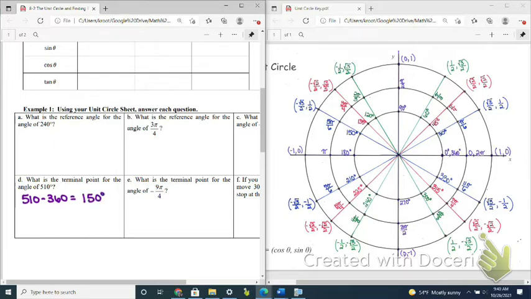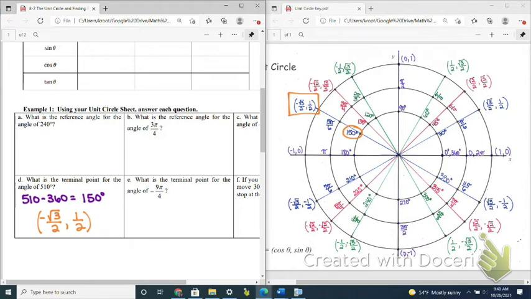So it is 150 degrees. So I'm going to come over here. Here's my 150 degrees. So here is my terminal point. And I am just going to write that coordinate down. So it is negative square root of 3 over 2, comma 1/2. When they ask for the terminal point, they want the whole thing.